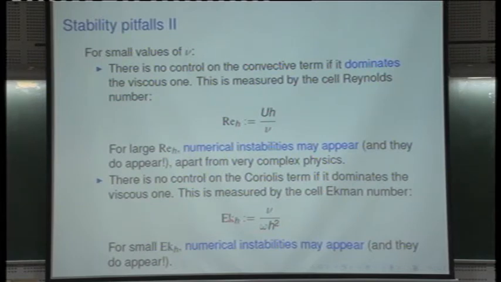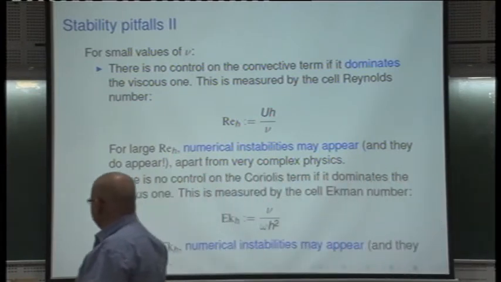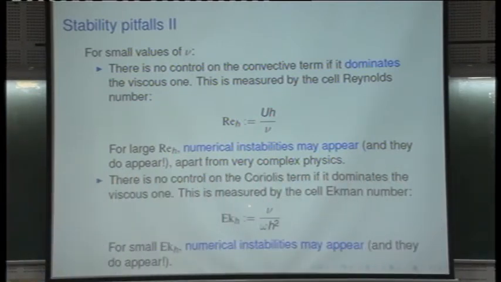In the case of the local Ekman number, the length is the size of the elements, and then the viscosity in the denominator. Okay, this is dimensionless, because this is length squared over time, and this is also length squared over time, because the units of the speed of rotation are 1 over time.